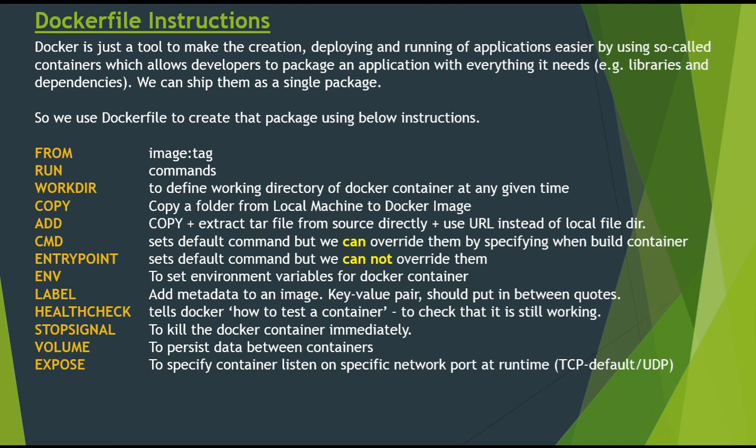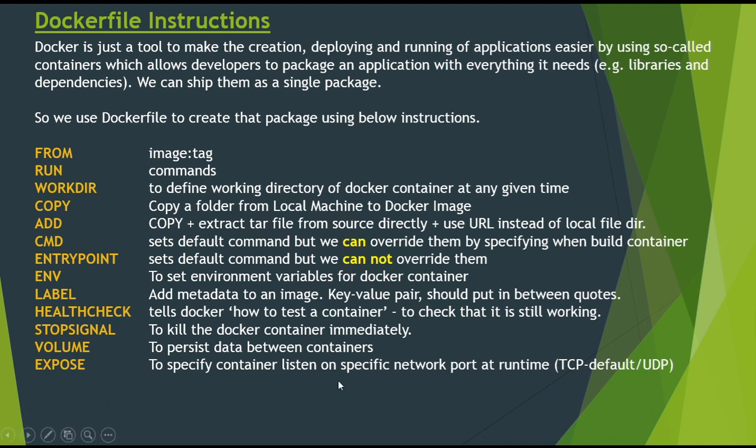Then we have expose, to specify that a container listens on a specific network port at runtime, which is TCP by default, and we also have UDP as well, which I showed you in the last command, where we specified the port: docker run -p 8080, right?